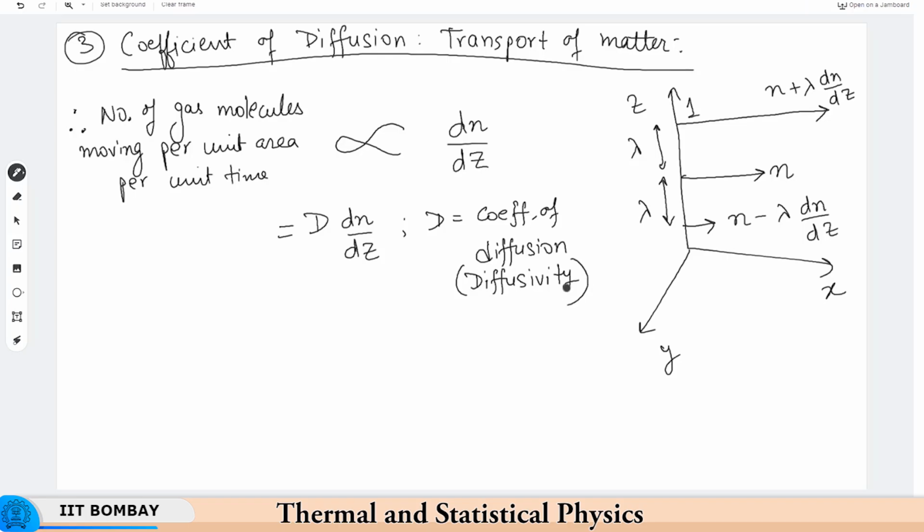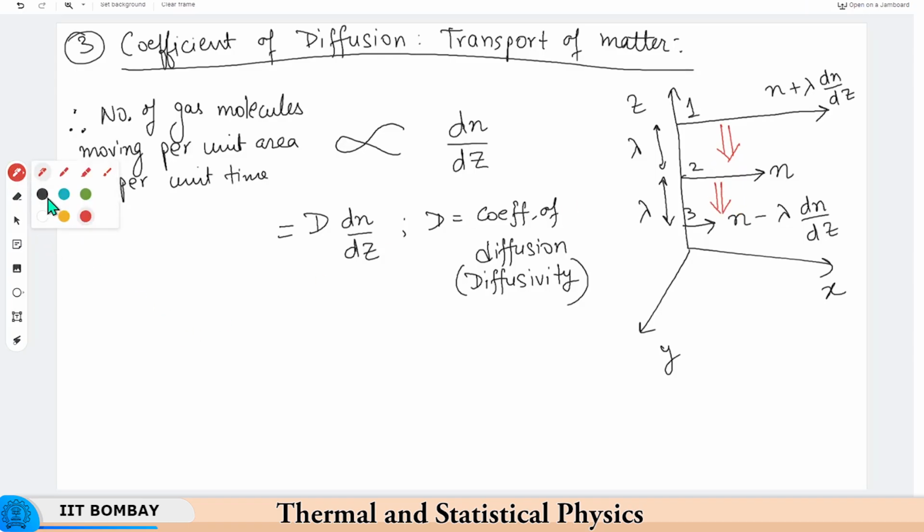Okay. So again, remember, there are more molecules here, there are fewer molecules here. So there will be on average a net transfer of molecules from plane 1 to plane 2 to plane 3. So there will be a transport of molecules from plane 1 to plane 2 and also from plane 2 to plane 3.